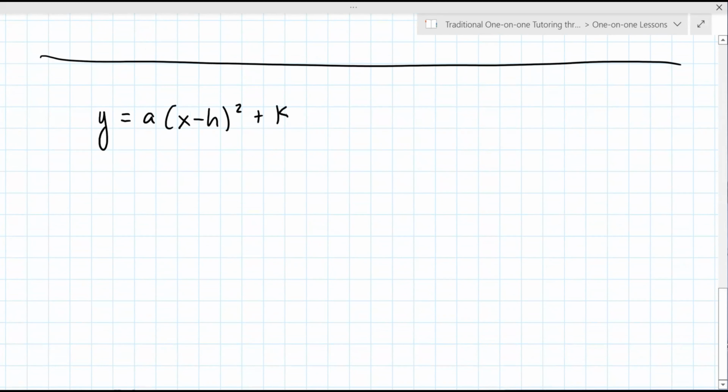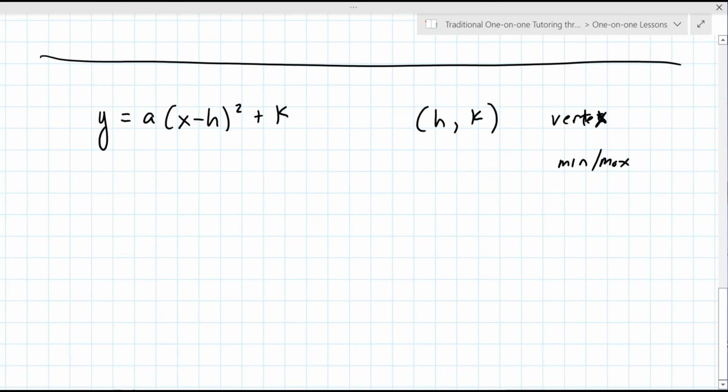Have you seen that before? Yes. What is h comma k? H comma k is, isn't that the vertex? It's the vertex, and it's got some really useful properties. It's either the min or it's the max of the graph.